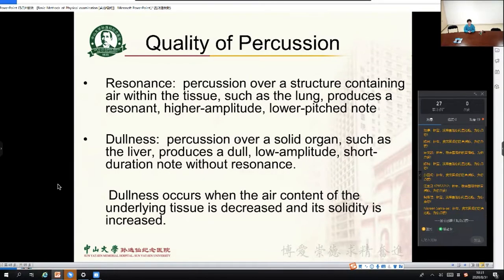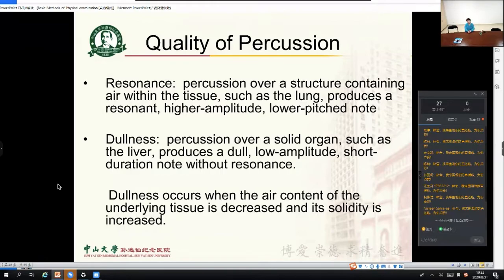Also, resonance: percussion over a structure containing air within the tissue, such as the lung, produces a resonant, higher amplitude, lower pitched note. And dullness. Percussion over a solid organ, such as the liver, produces a dull, low amplitude, short duration note without resonance.